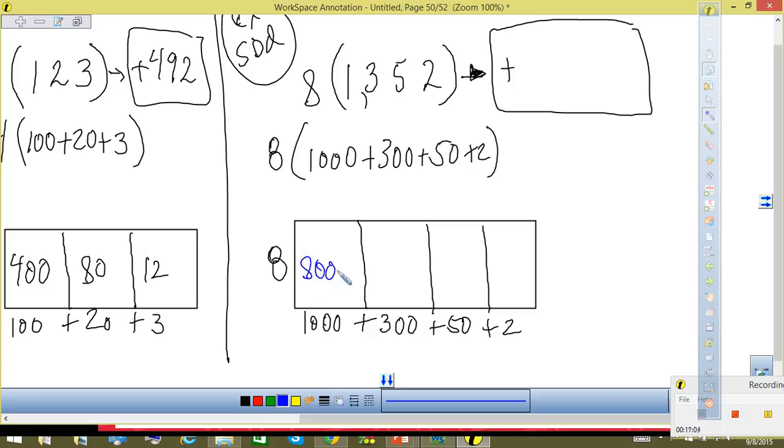What is 8 times 300? 2,400. What is 8 times 50? 400. And what is 8 times 2? 16. So let's see. 8,000 plus 2,000, that's how many thousands? 10,000. What is 400 plus 400? 800. 10,816. Hands up if you got that.